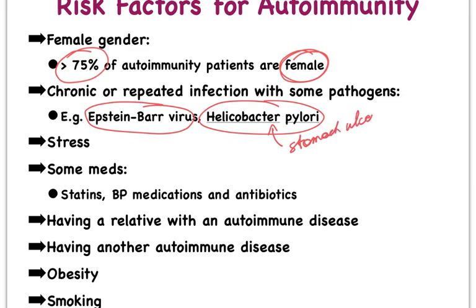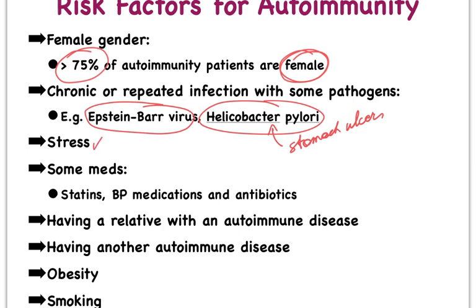Back in the days, everybody always thought it was due to high acidity levels and eating acidic foods or whatever it was we thought. Now we know that it's primarily due to that particular bacterium.